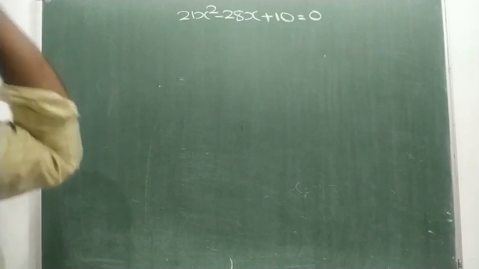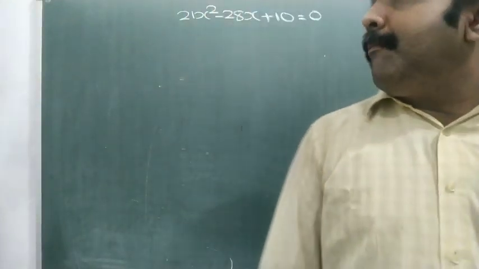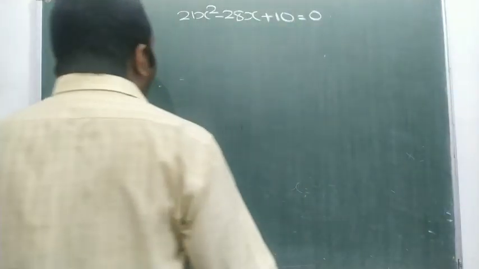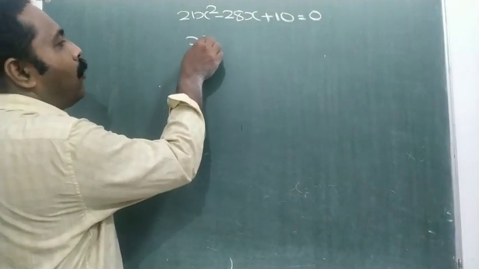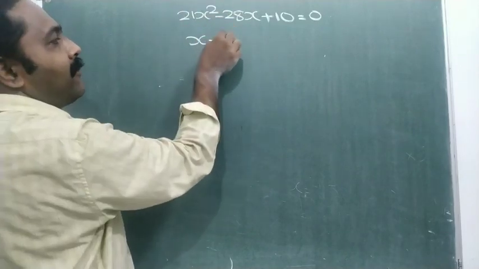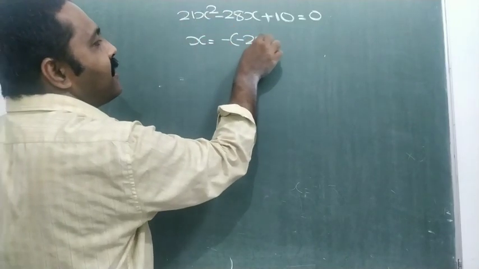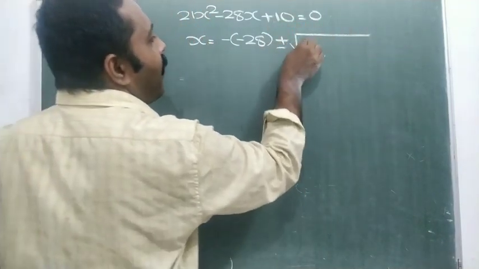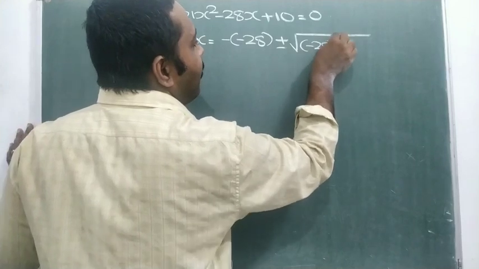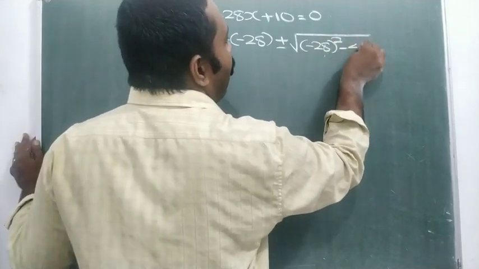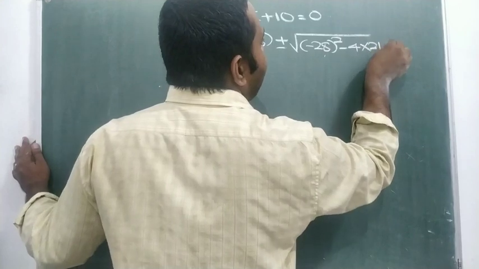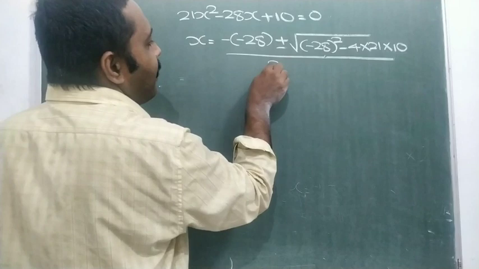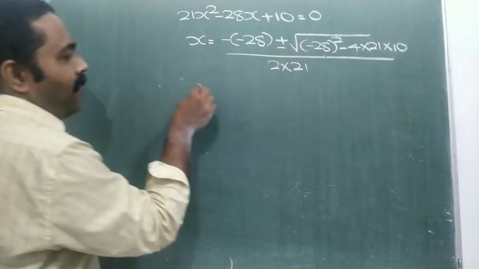Then, the next question is 21x square minus 28x plus 10 is equal to 0. x is equal to minus b plus or minus root of b square minus 4ac by 2a, that is minus of minus 28 plus or minus root of square of minus 28 minus 4 into 21 into 10, by 2 into 21.